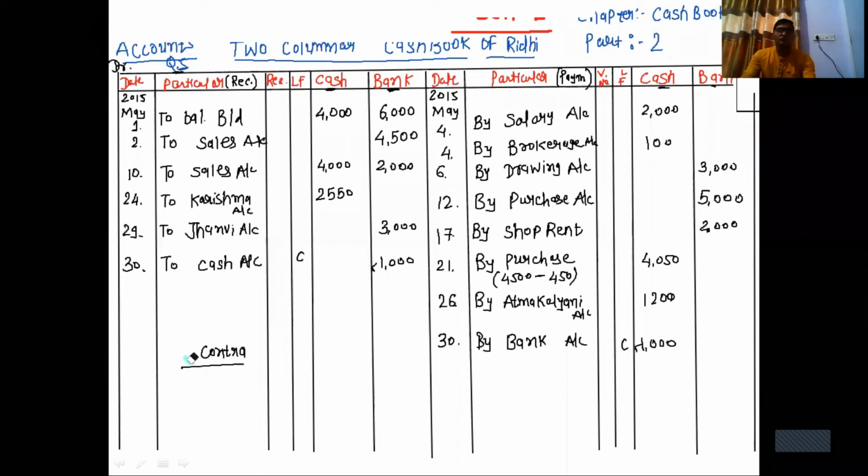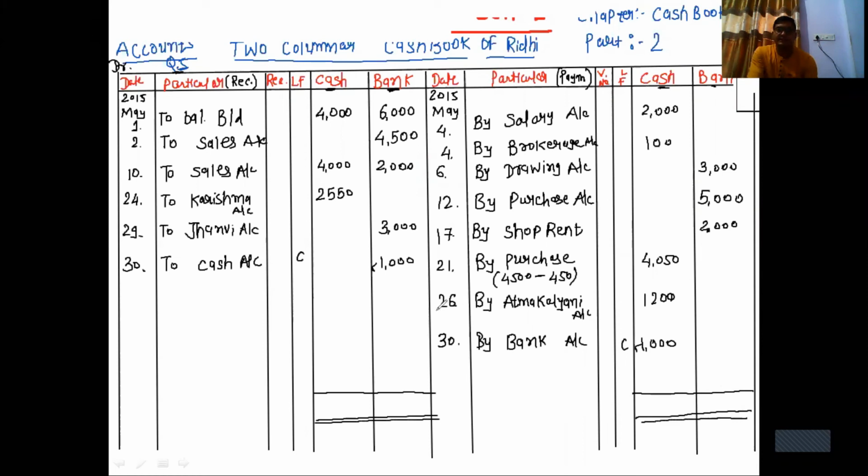So now this sum is completed, and after completing this sum, we have to do a total of the cash and bank columns on the debit side as well as the credit side.